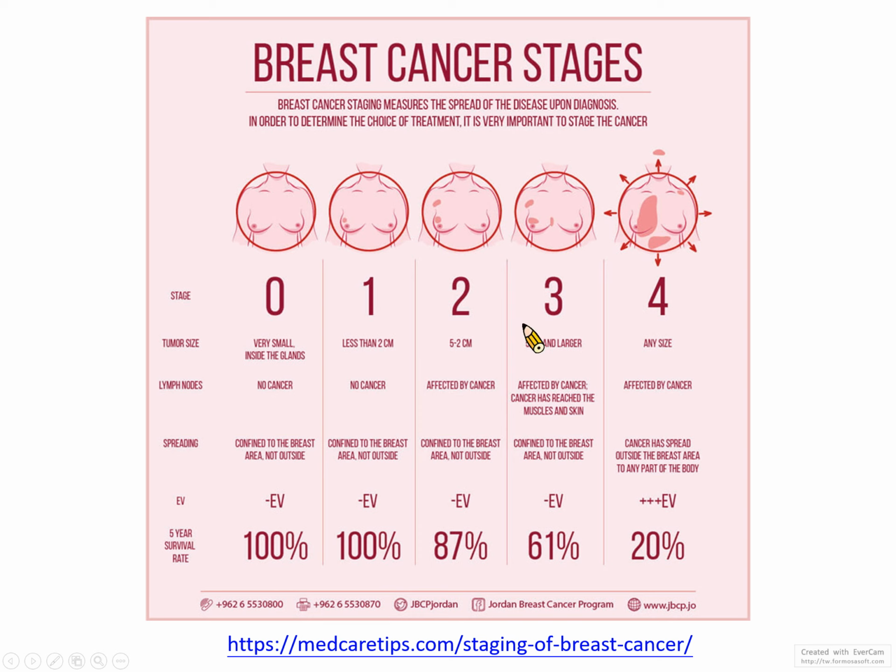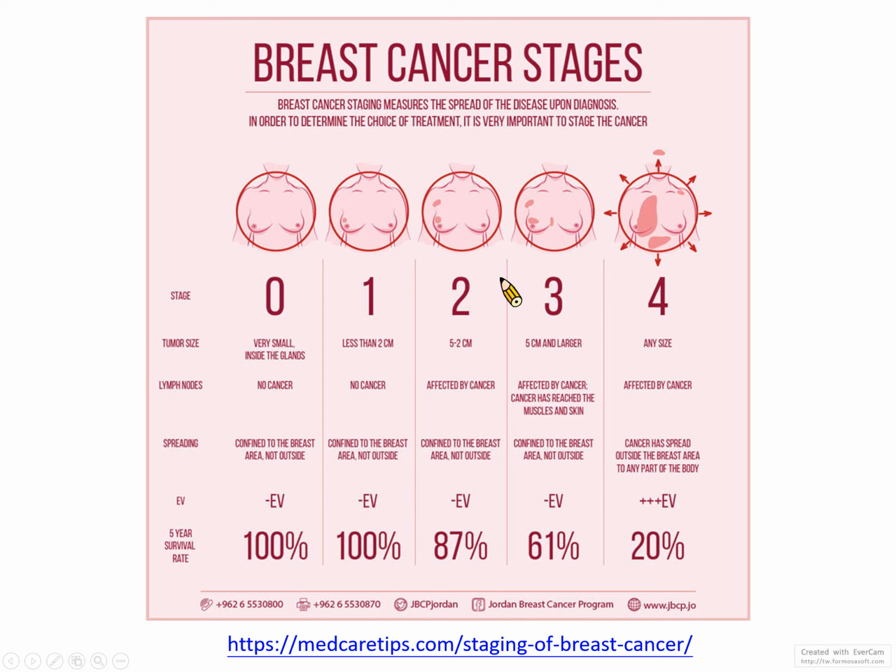In stage 2, the tumor is larger, between 2 and 5 centimeters, and at this stage usually the cancer has invaded into the lymph nodes. But it's still confined to the breast area, not outside of the breast. As shown in this region, the cancer has just spread into the nearby adjacent lymph nodes, but not the other parts of the body.